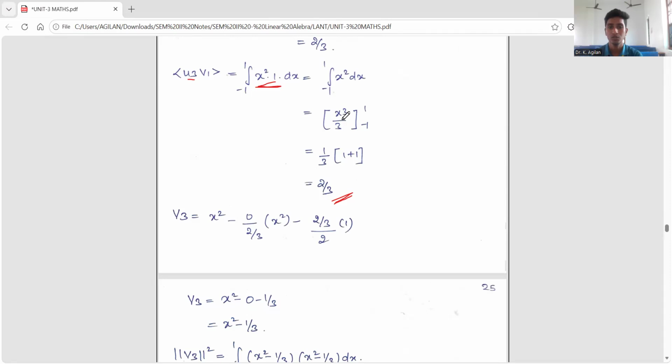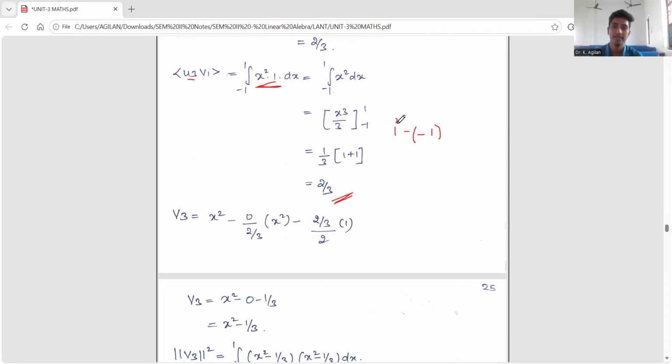Is it clear? So take out 1 by 3 and also substitute x power 3. 1 power 3 is nothing but 1 and minus 1 power 3 is nothing but minus 1. So 1 minus of minus 1. Okay.